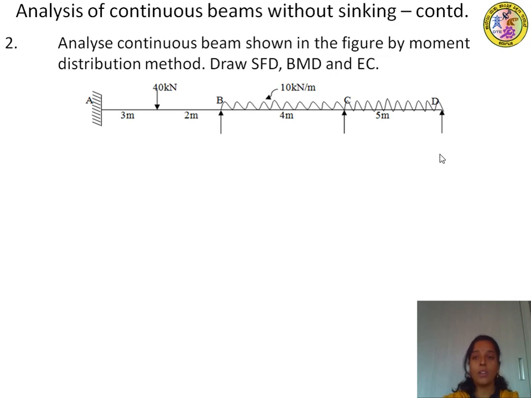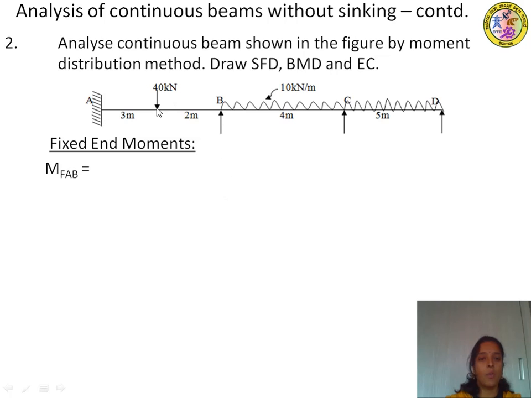As usual, the first step is to find the fixed end moments. So MFAB, since it is subjected to an eccentric point load, the distance between the point load and the left support is 3 meter and the point load and the right support is 2 meter.